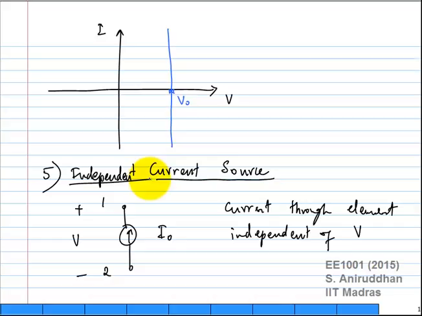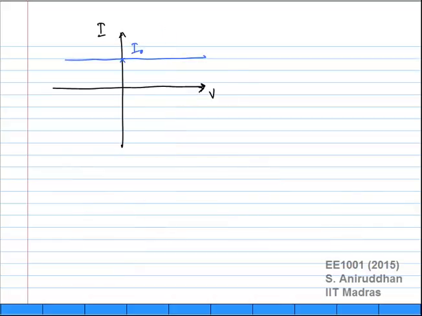It maintains a current I naught in the direction shown from terminal 2 to terminal 1, irrespective of the voltage across it. So it does not matter if I have a voltage of 0 volts, 1 volt, 10 volt, minus 100 volts, minus 1000 volts, it will maintain a current I naught from terminal 2 to terminal 1. This is the property of this particular element, and of course the characteristic is pretty obvious.